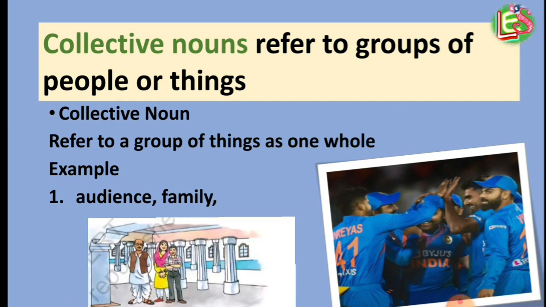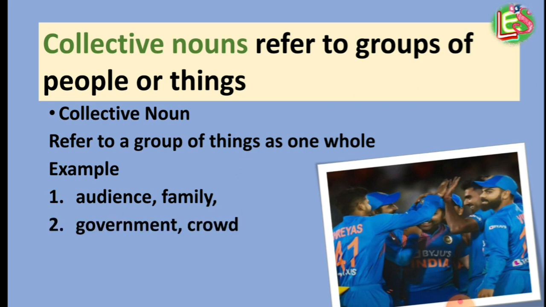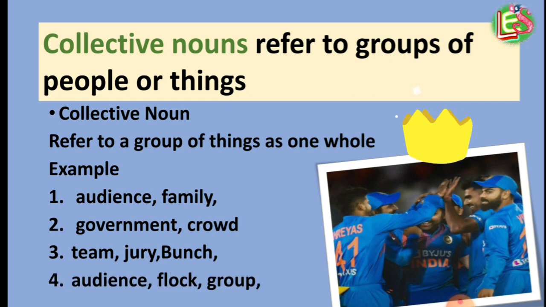In family, we have many members, mother, father, sister, brother, and even we give them proper nouns. But if we consider this is the family of Mr. Kale, we see, family is a collective noun, whereas government, crowd, team, jury, bunch. Here I have shown the example of team, Team India. Last example is audience, flock, and group of people.